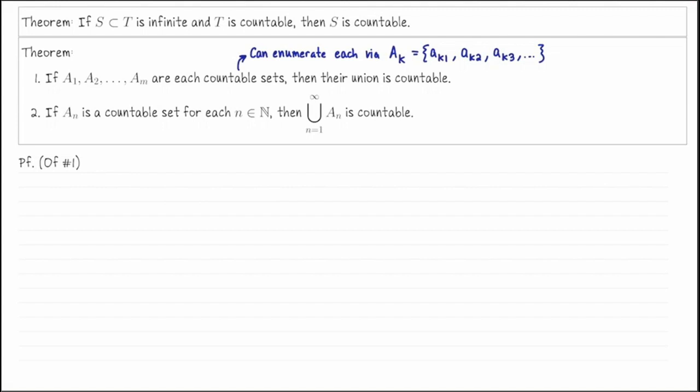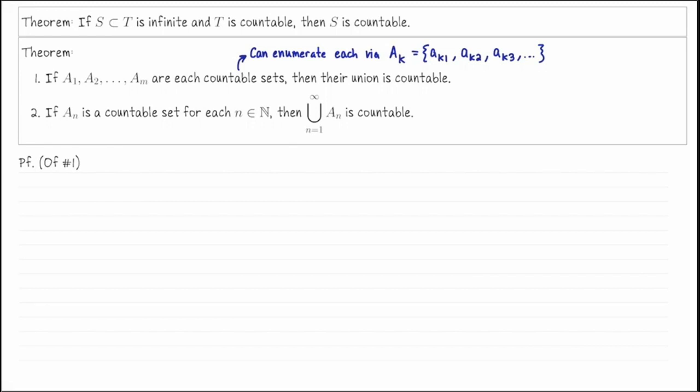The second statement in this theorem, which we won't prove, is that if you actually have an infinite collection of countable sets, so you have A1, A2, A3, A50, A5000, etc., and each one of those is countable, then their union is countable. So a countable union of countable sets is itself a countable set.